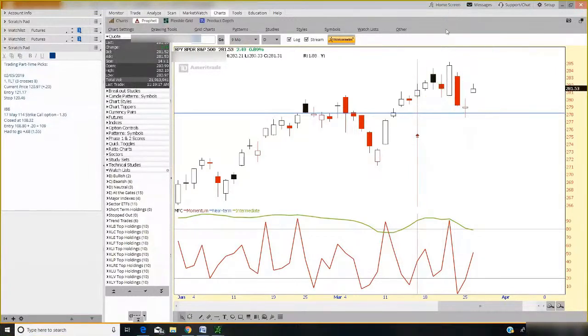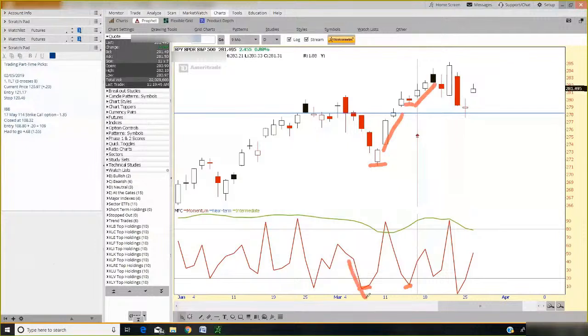But look here. The momentum was up. This red line entered into the bottom zone. Okay? The red line is the short-term momentum. So somebody tell me, when the short-term momentum gets down in here, it bounces.